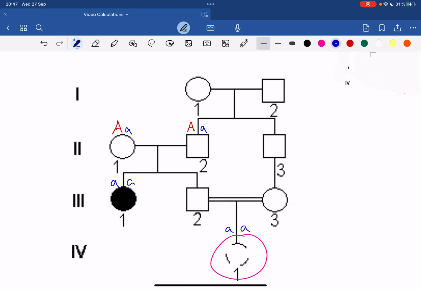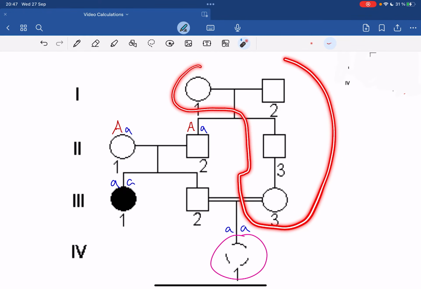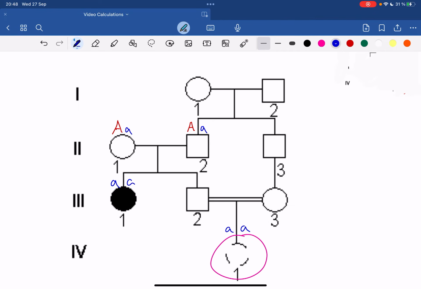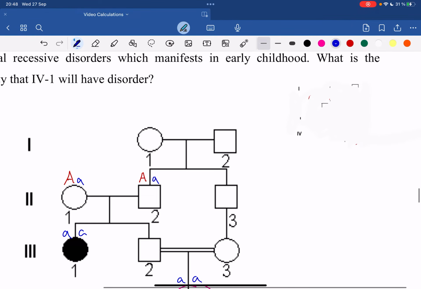Okay. As for the rest, because we cannot really calculate, we don't have any other affected here, for these people it's just the first degree relative rule. So we take 1/2 of this because we know for sure that this one is 100%. This one would be 50% or 1/2 because it's a first degree relative to this person. It's the mother.